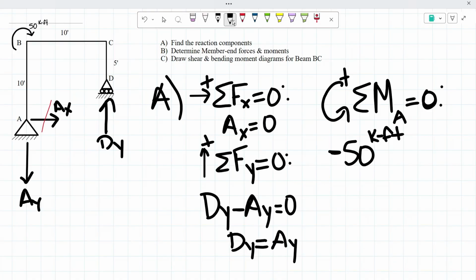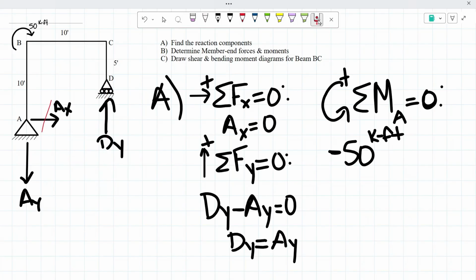Remember that the moment is equal to the force times the distance. So to start off, this force is assumed to be going upwards, right? And about point A, since that is going upwards, that's going to cause a counterclockwise moment, which is why that's going to be positive.